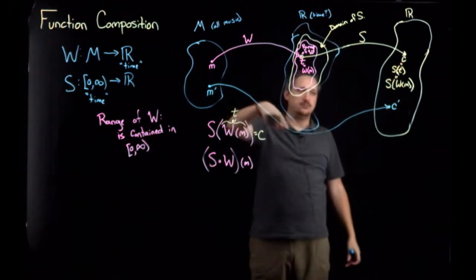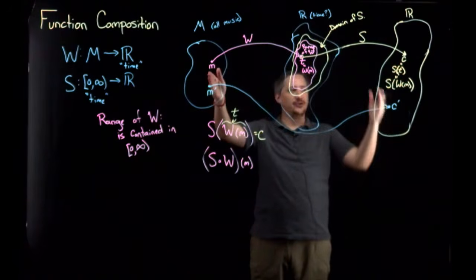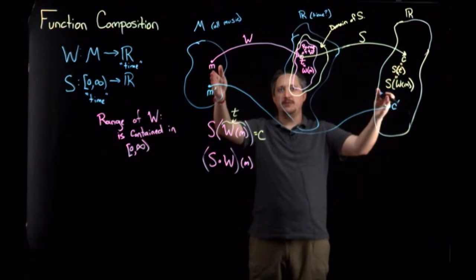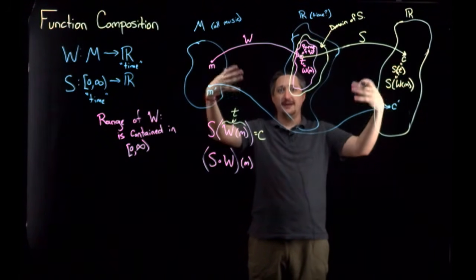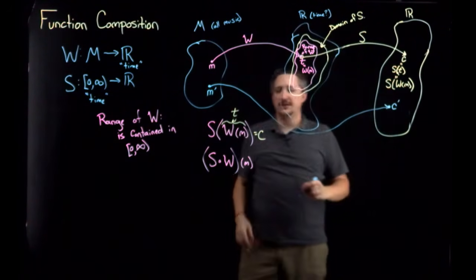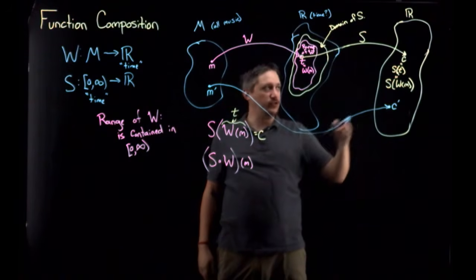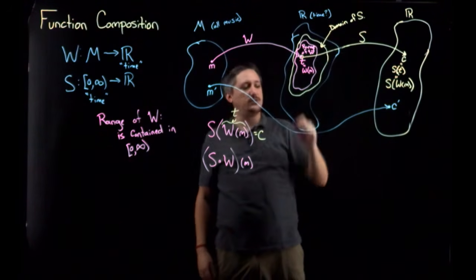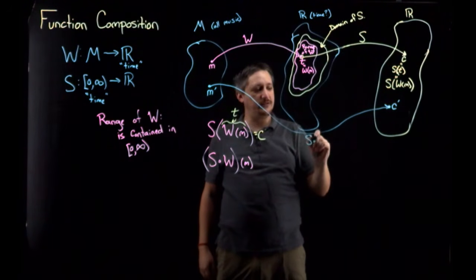I'm applying some long map to go all the way from the start to the end all at once. And what is that map? That function is applying w and s. So just like that was s and that was w, this is called s of w.